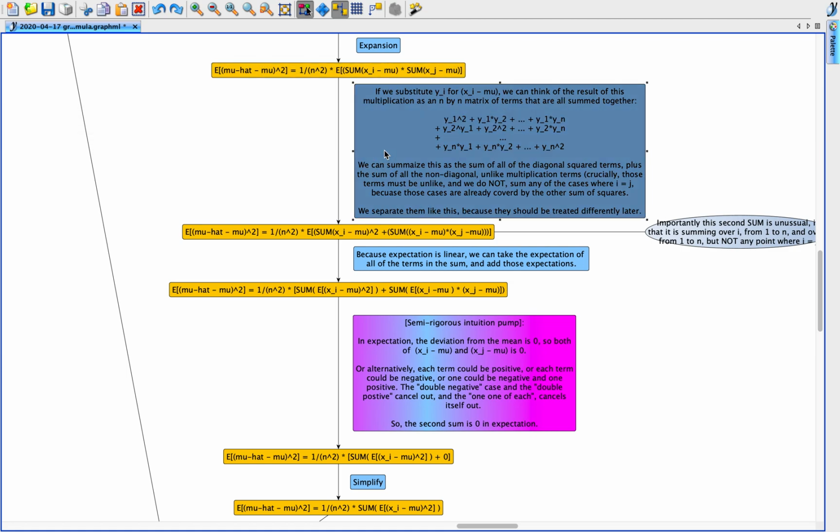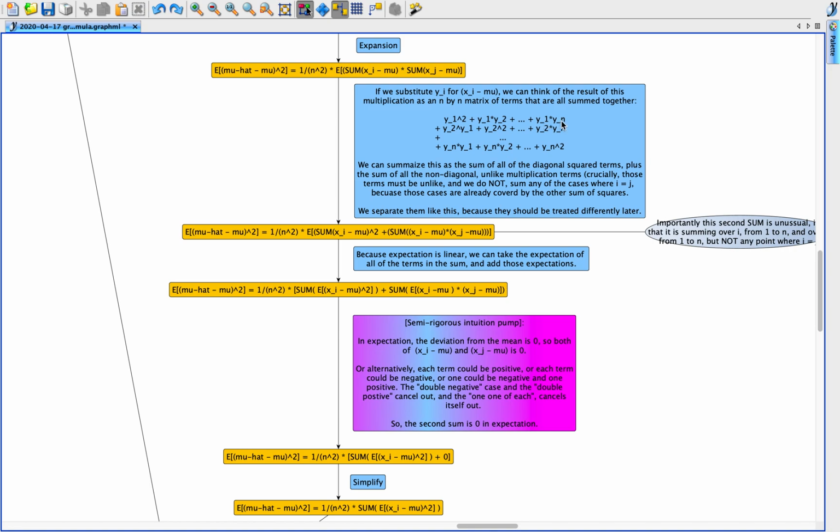And so for i equals 1, we're going to take the first term in this sum, and we're going to multiply it by every term in the other sum. So that's y1 squared, y1 times y1 plus y1 times y2 plus all the way on to y1 times yn.